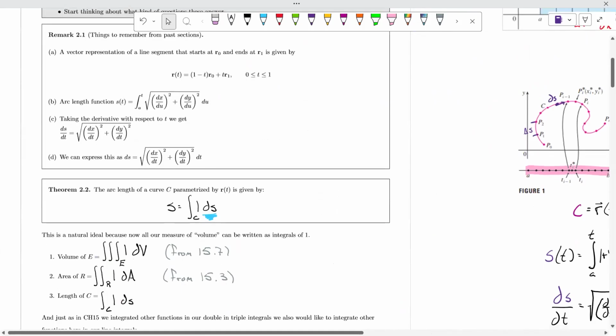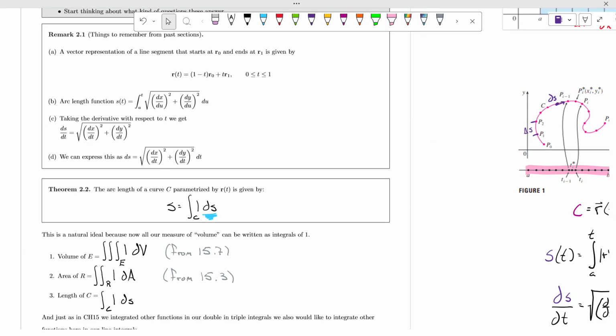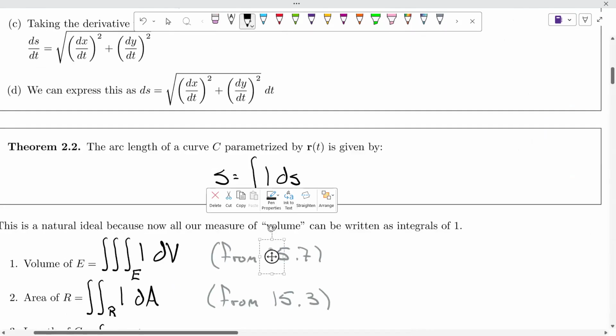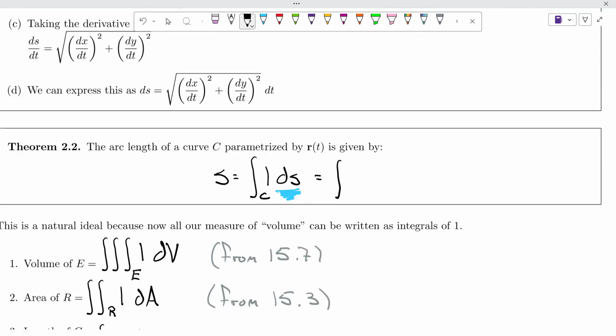To bring some things back up from over in the typed out notes, I think this is all still the same stuff, although maybe I want to give a slightly new integral value over here. If I know that I have a parameterization that goes from a to b, then that arc length integral ought to be the integral from a to b of the square root of x prime squared plus y prime squared dt.